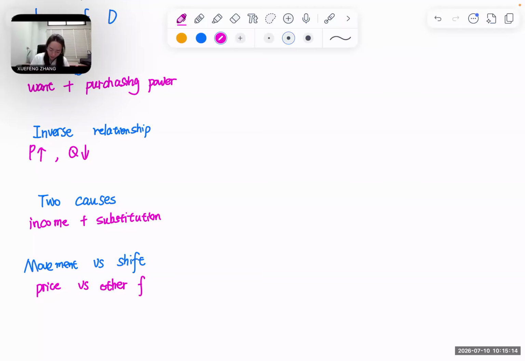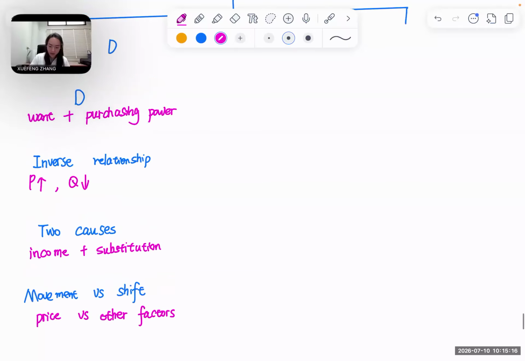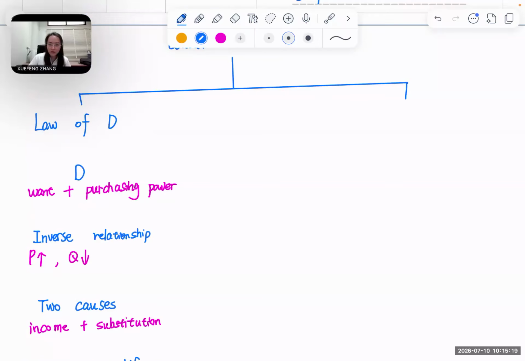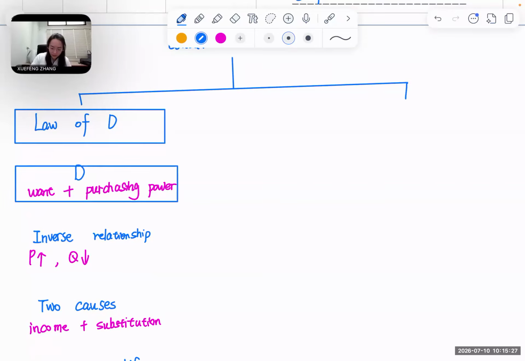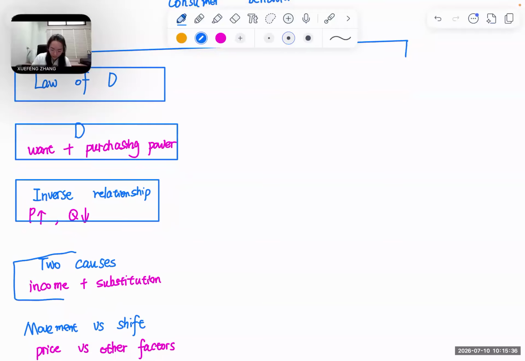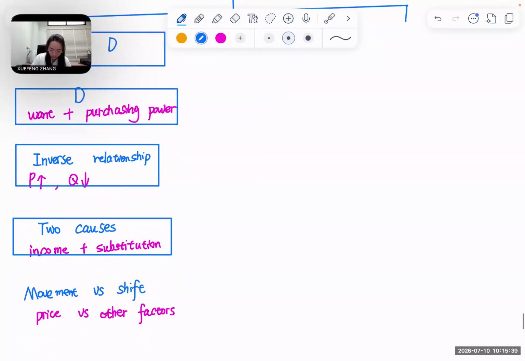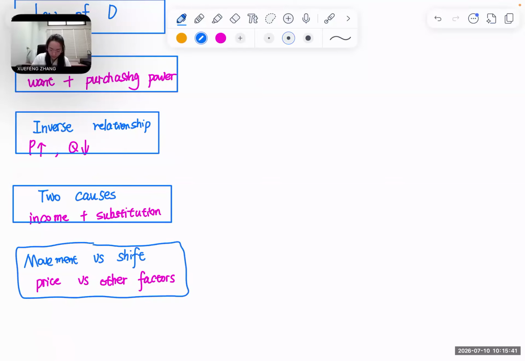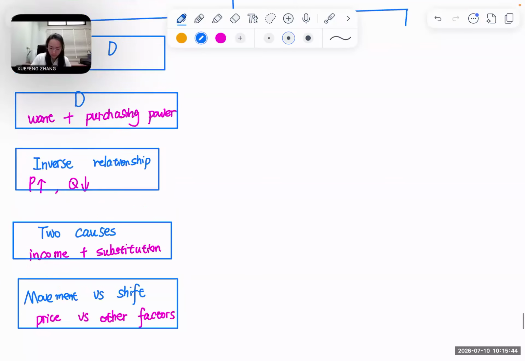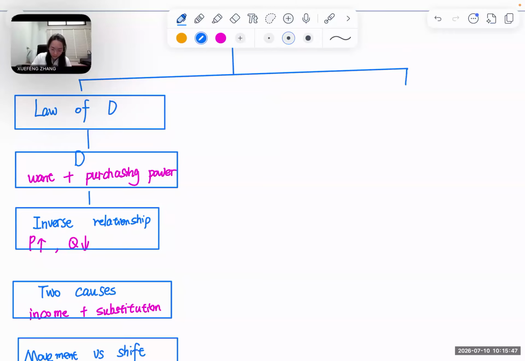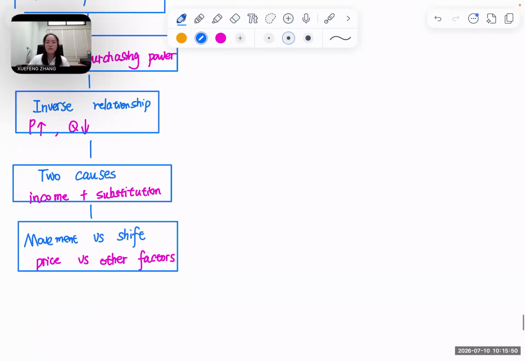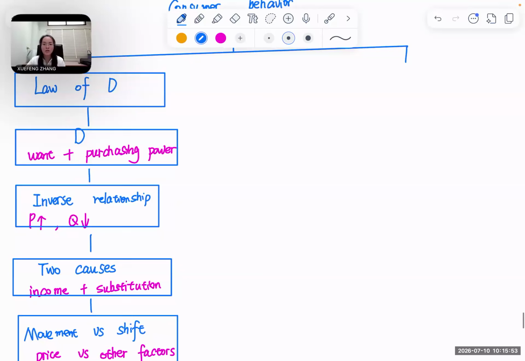Okay, please review it. But here's the logic chain for you. So we have law of demand, right? And then the definition of demand. And then the inverse relationship. This is the first part about law of demand.